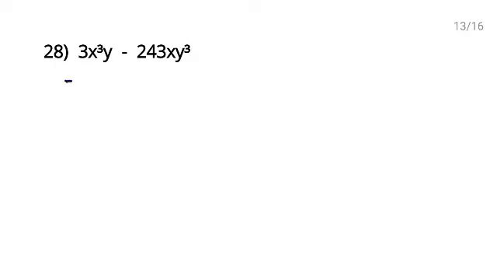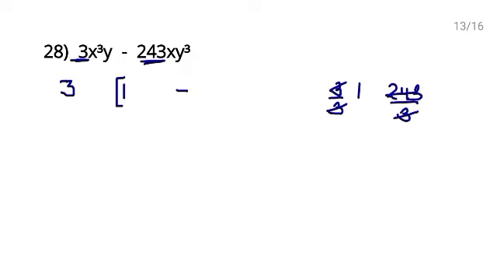So let's take 3 common because 3 can divide this and this both, right? अगर हम 3 को 3 से डिवाइड करेंगे we will get 1, right? So in the bracket we will get 1, and in the next term from 243, if we take 3 common, 3 8s are 24, 3 1s are 3, we will get 81.